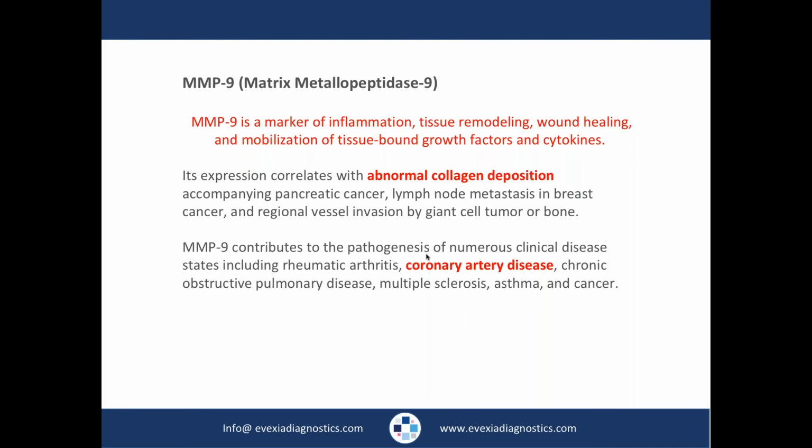But it's also been related to numerous other clinical conditions, rheumatoid arthritis, and in particular, coronary artery disease. It is a good marker for that. Just think of it as another inflammatory marker that is a good thing to take a look at as it relates to coronary artery disease, but other diseases as well.